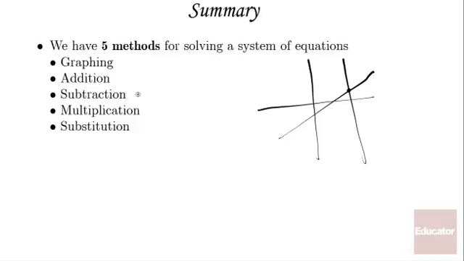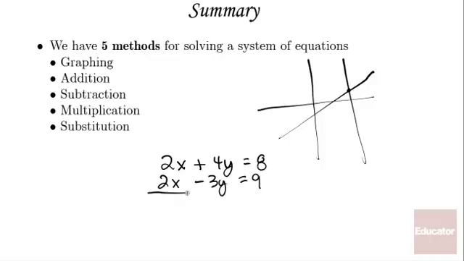Subtraction is very similar to addition, except this time you're subtracting. So if you had 2 equations where one of the variables had the same coefficient, such as 2x plus 4y equals 8 and 2x minus 3y equals 9, what I could do is subtract the second equation from the first so that a variable will drop out.